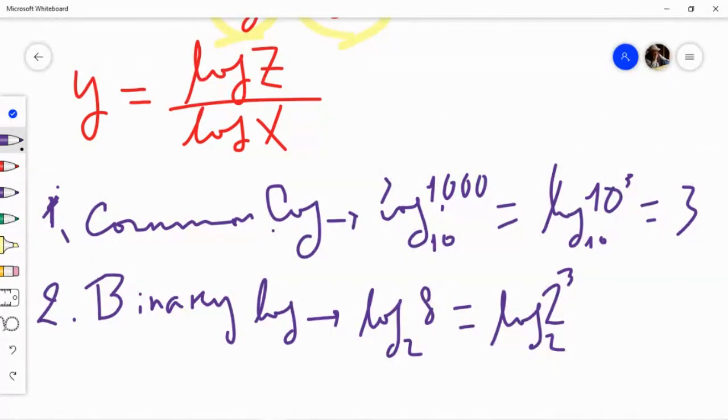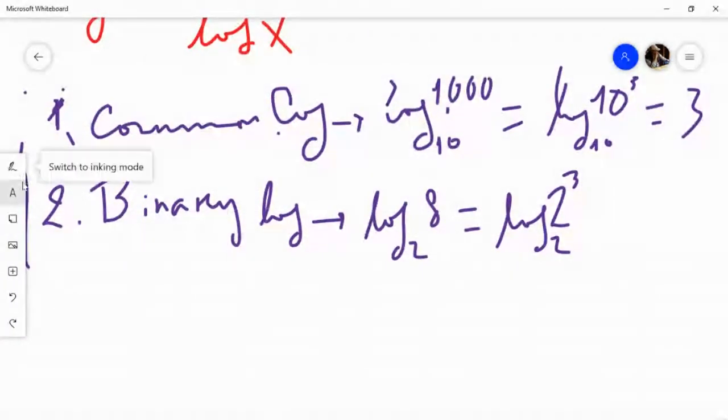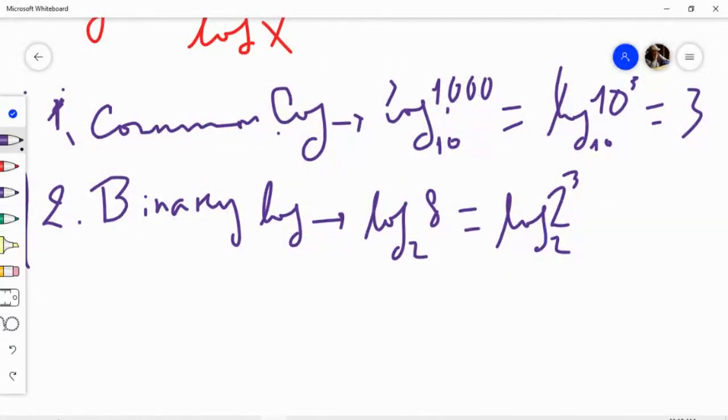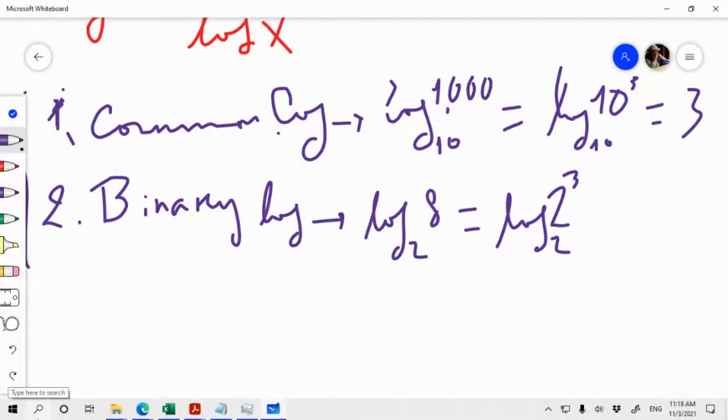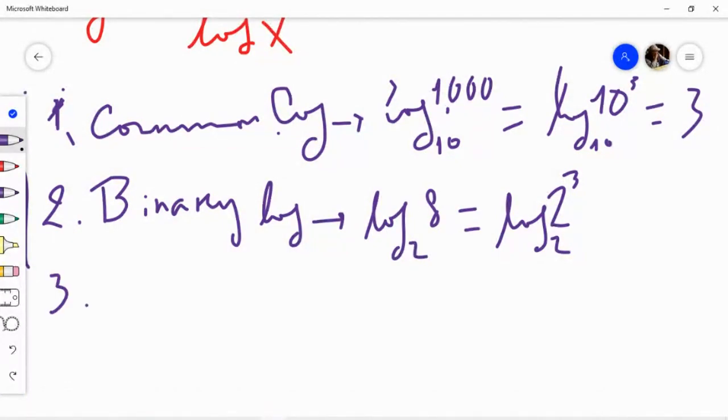And then the third, and this is the hard part. The third type of log is called natural log.